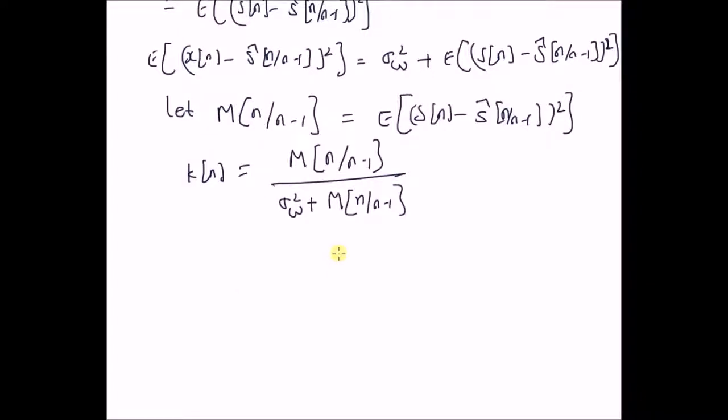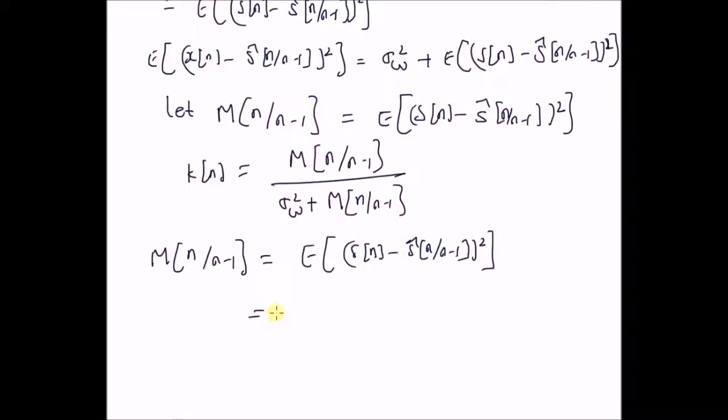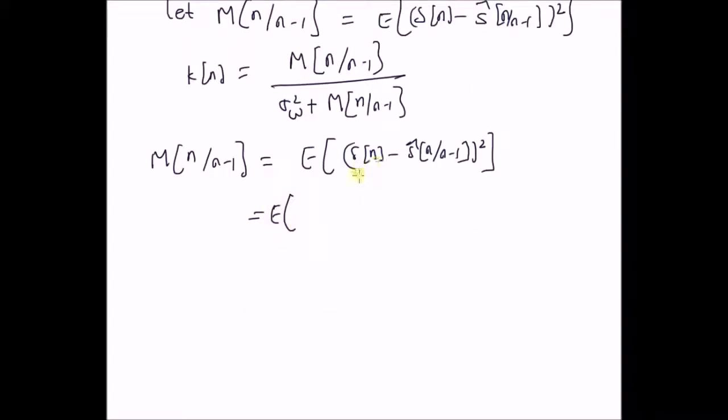Now let us look at the recursive relation for the prediction error, which is m of n given n minus 1. By definition as we denoted it, it is expectation of s of n minus s hat of n given n minus 1 whole square, and by using the scalar state model, this is equal to expectation of a times s of n minus 1 plus u of n minus s hat of n given n minus 1 whole square.